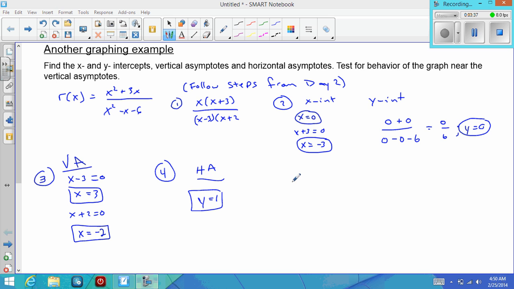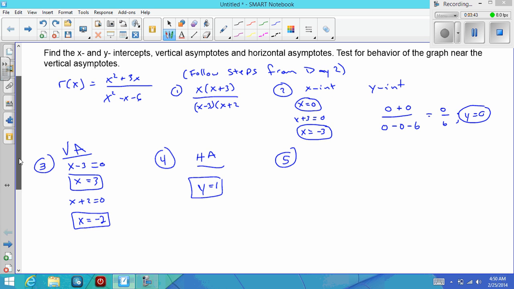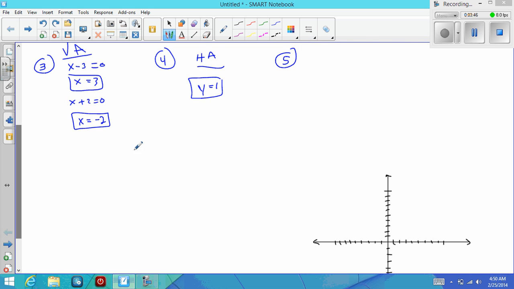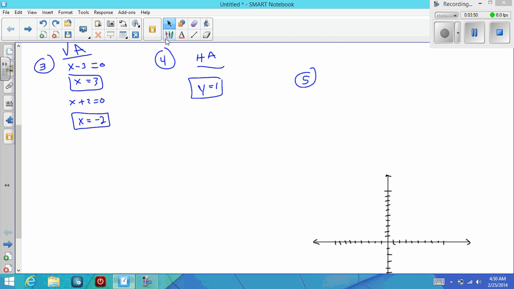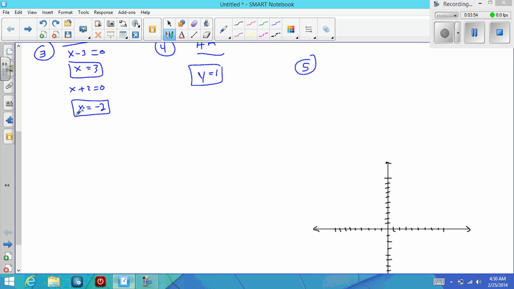And for step 5, we are going to be testing some points possibly to help shape the graph. And I will do that later as needed. Okay? Now we also need to test some values for the vertical asymptotes. Since we have a vertical asymptote at 3 and negative 2, that means I need to test a value that is 0.1 units away from both of these asymptotes.